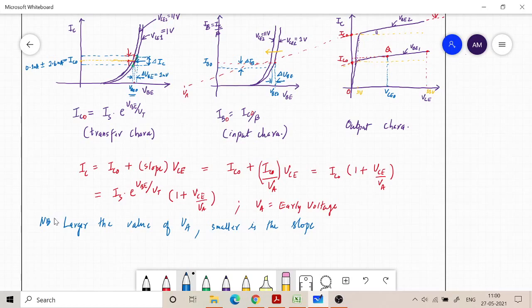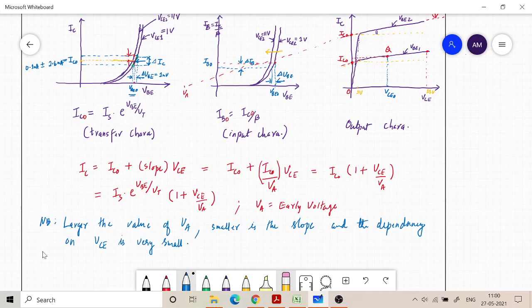For example, if VA is 100, then 1 by 100 is 0.01, and the dependency on VCE will be very minimal. So smaller is the slope, and the dependency on VCE is also very small.